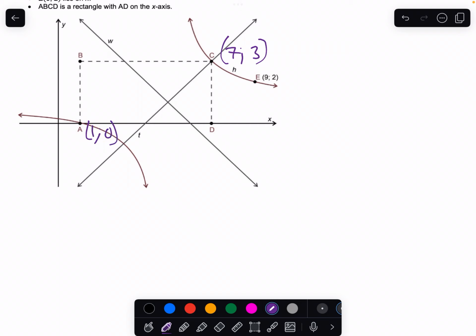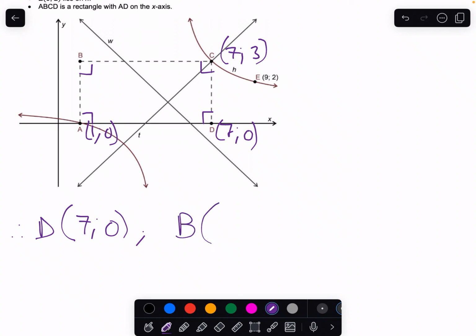Okay, so therefore the coordinates of D are going to be 7, 0, because it's straight down from C, because right angles everywhere, right? And the coordinates of B, we don't even need the coordinates of B, honestly.